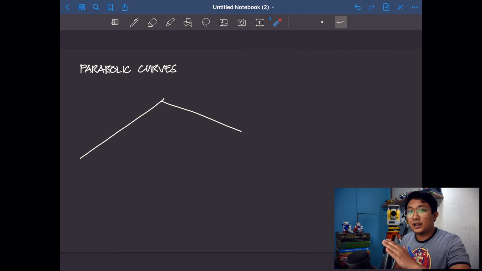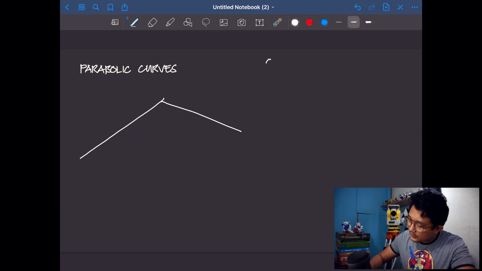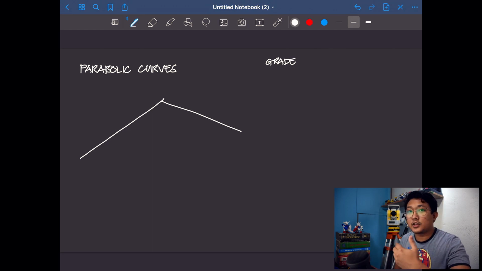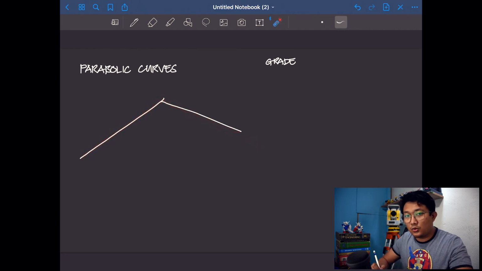So for vertical curves, the first element that we are going to study is what we call the grade. The grade is just another term for the slope, meaning for these two roads, each of them has their own grade.